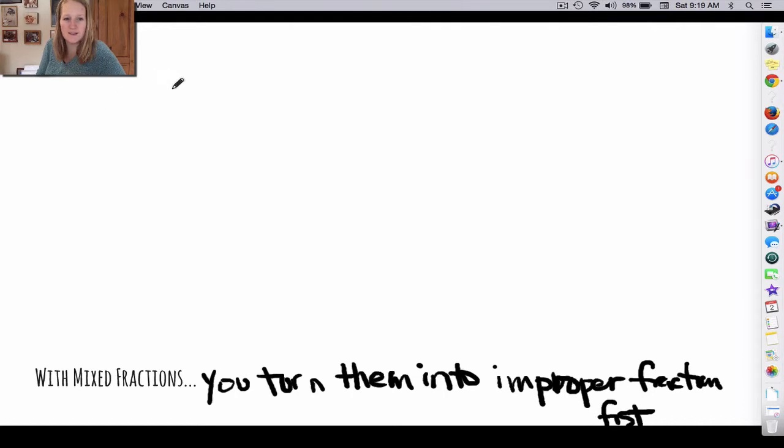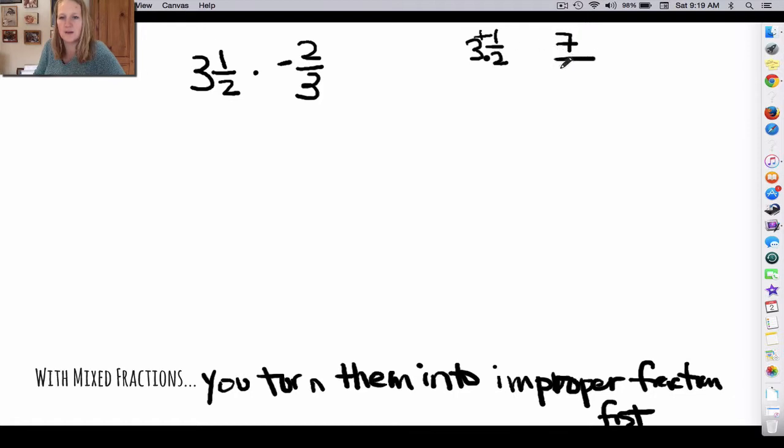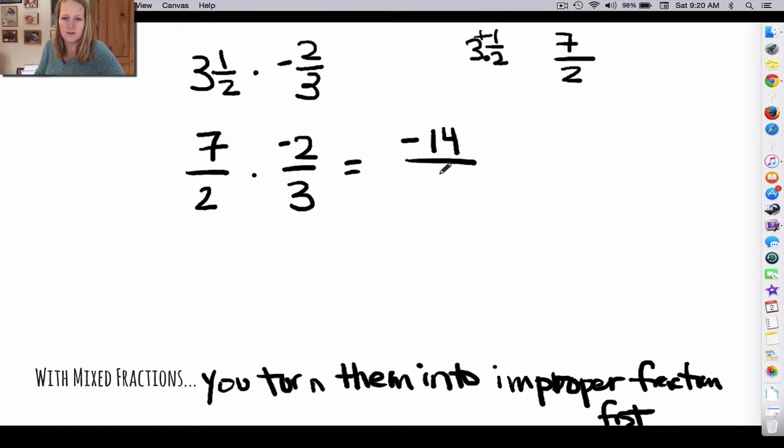Okay, so if my example is 3 1/2 times -2/3, I need to change this 3 1/2 into an improper fraction. So 3 1/2 is 2 times 3 plus 1, so 7, and then you keep the same denominator, 7/2. So then I bring this back to my problem, 7/2 times -2/3, I get -14 over 6.